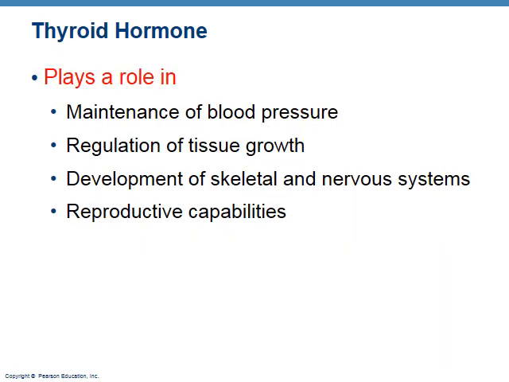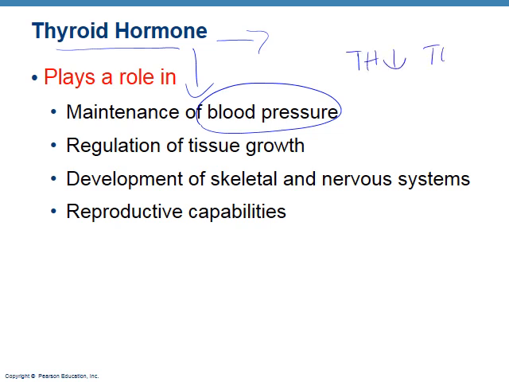There's a table in your book that shows all the major effects of thyroid hormone, but thyroid hormone is one of those hormones that works synergistically. It's going to work with other hormones. Thyroid hormone can help maintain your normal blood pressure. If your thyroid hormone is too low or too high, it directly affects your blood pressure.